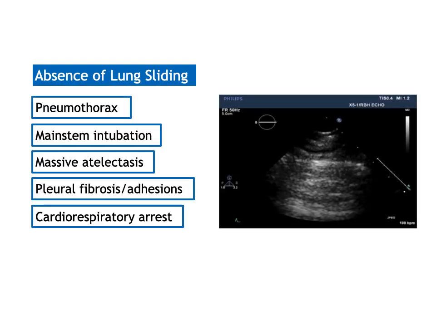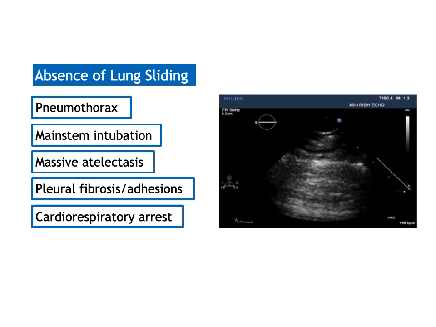And we talked about the loss of sliding, because sliding can be used to rule out pneumothorax. On the other hand, the absence of sliding could also be found in different conditions, not only in pneumothorax. And these are the other differential diagnoses of the loss of sliding.